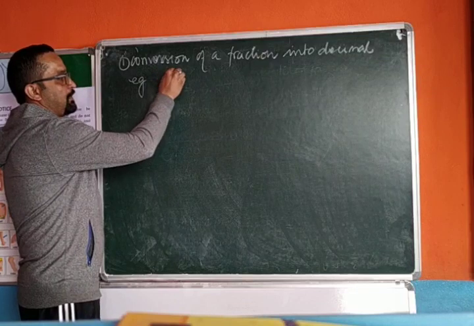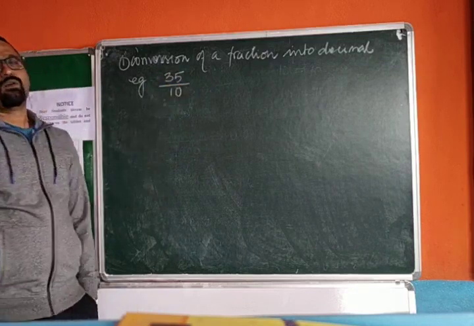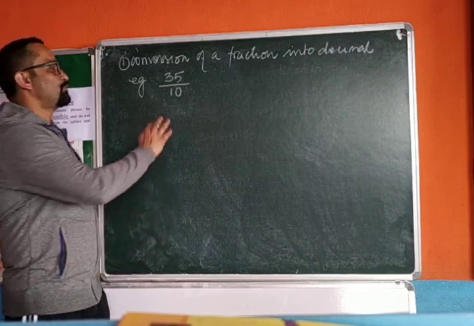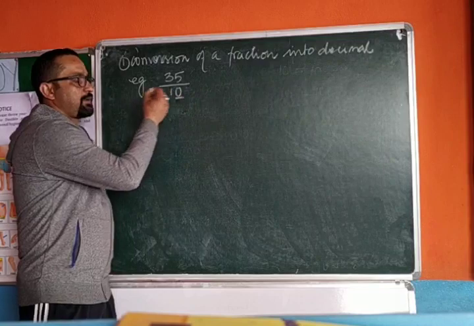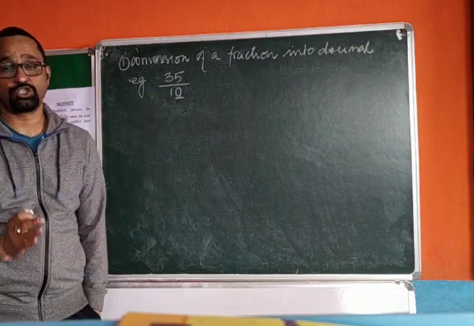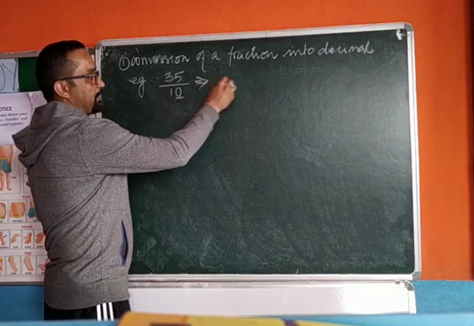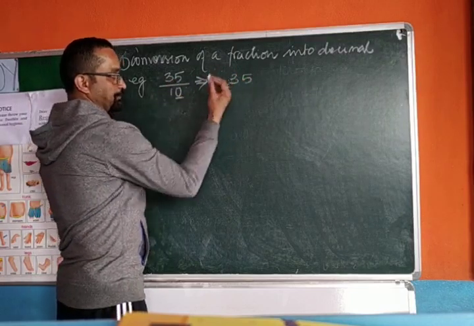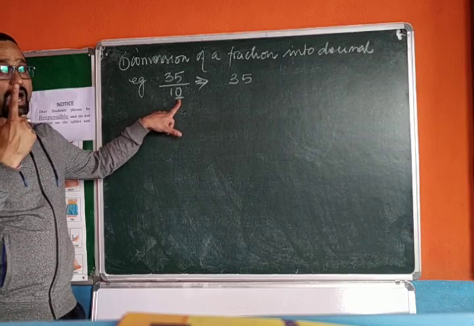Suppose you have 35 divides by 10. What you need to do, you need to look at denominator and count how many zeros you have. So you copy numerator as it is. How many zeros at denominator? 1.